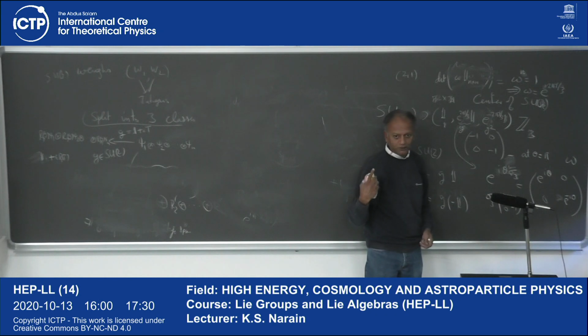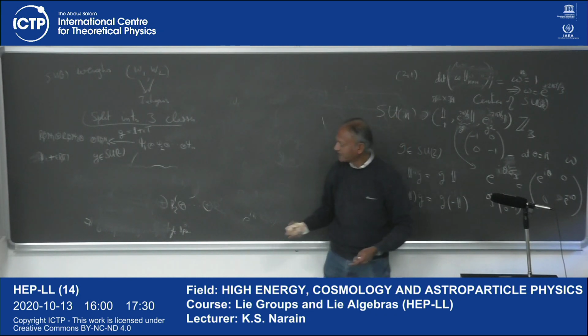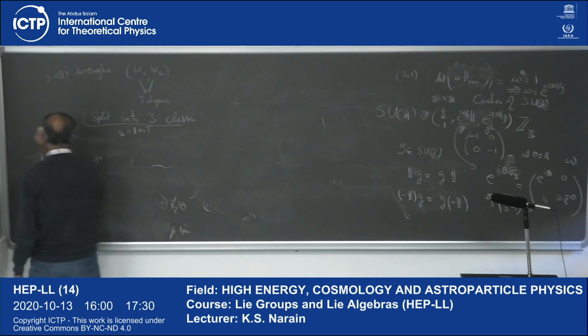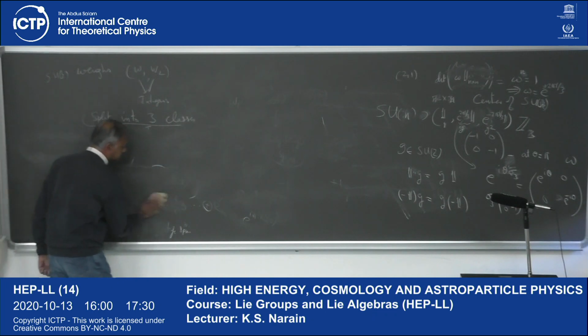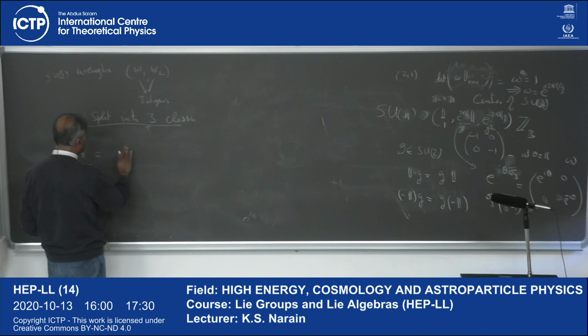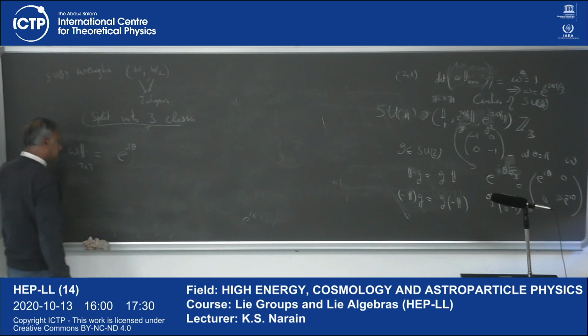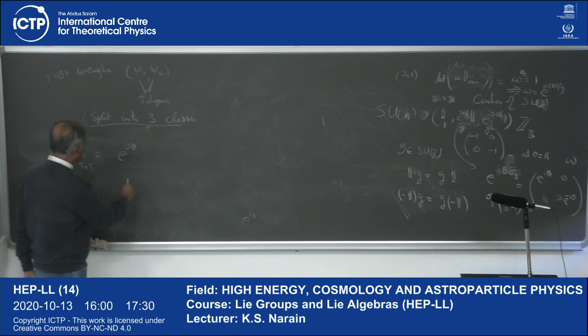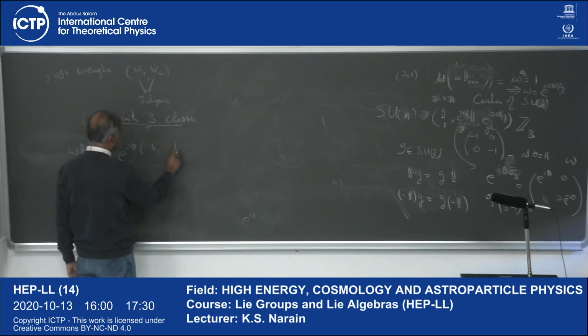Now we have H1 and H2. So we want to express this omega times the 3 by 3 identity as e to the power of i theta times some combination of H1 and H2, say A plus B, H1, H2.